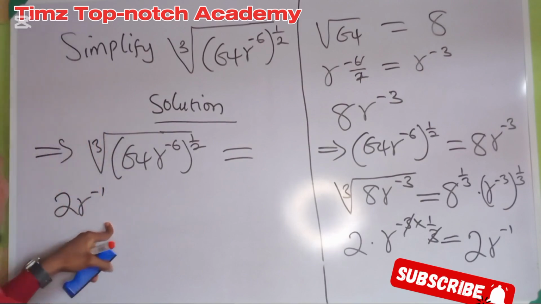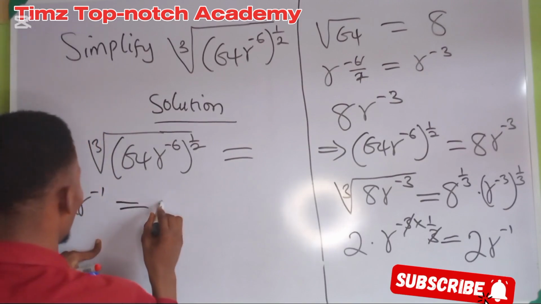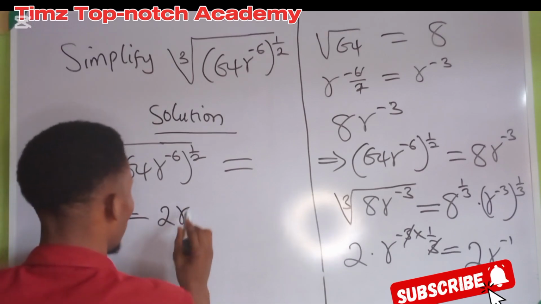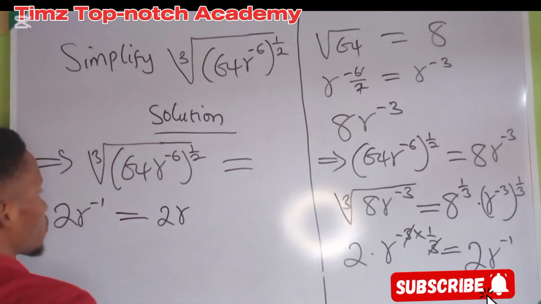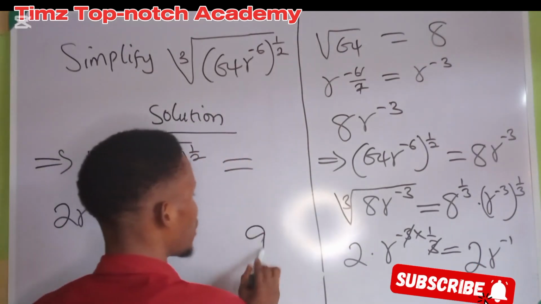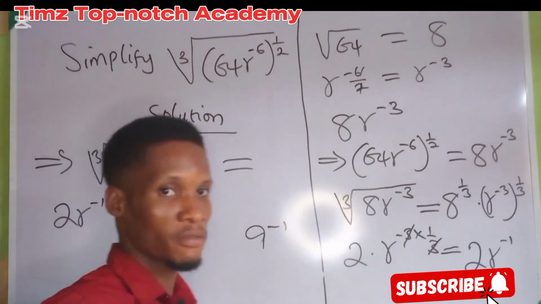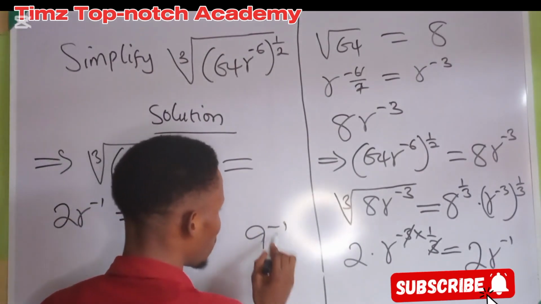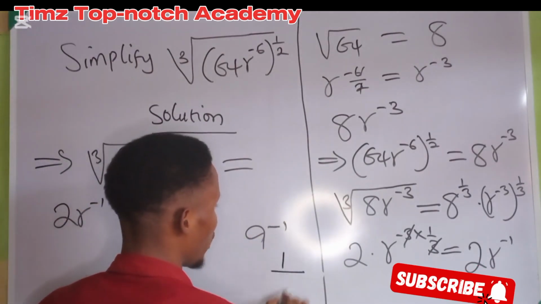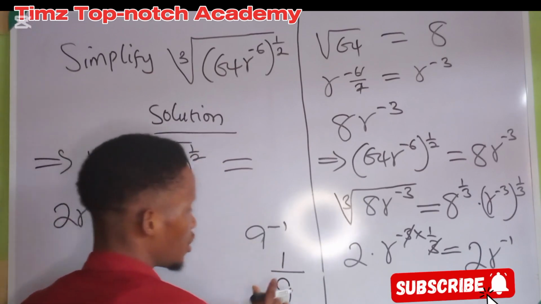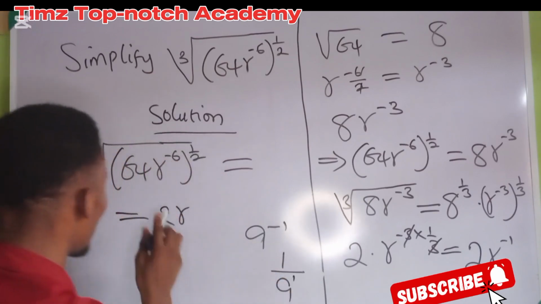So r raised to the power minus 1, how do you solve that? I told you in my previous video that whenever you have a raised to the power minus 1, the minus changes to 1 all over, then you repeat the base a, then raised to the power. So that's what we're going to do here.